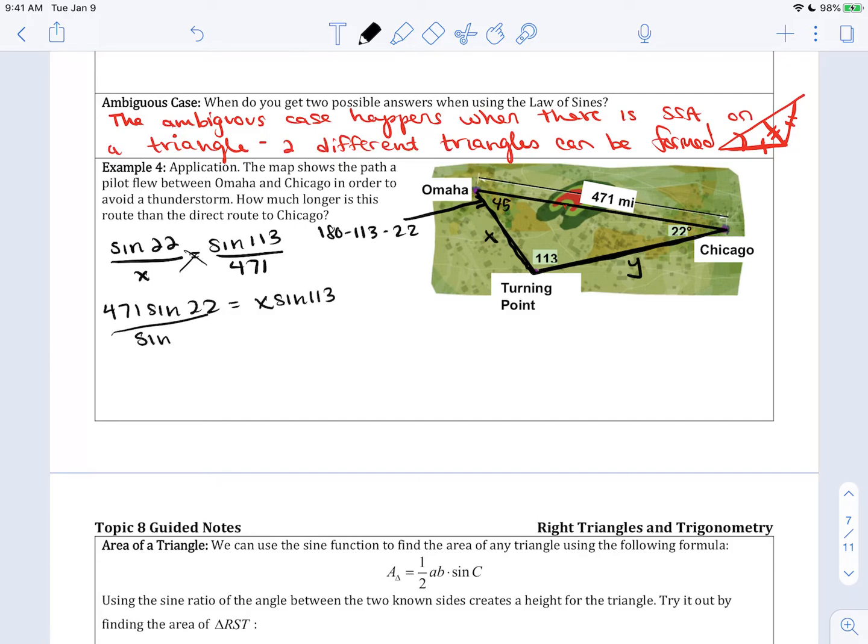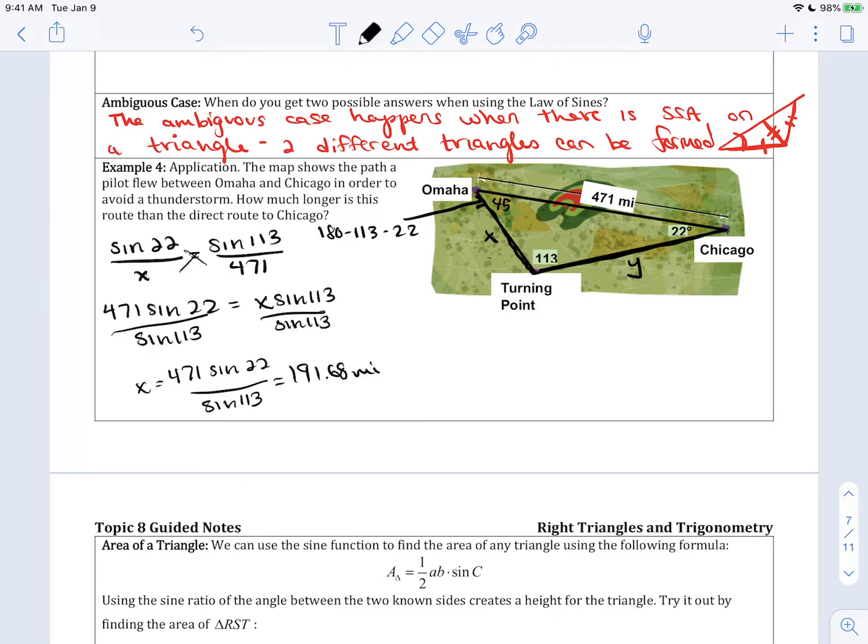Divide by sine 113. And I get x equals 471 sine 22 over sine 113. I'm going to plug all that in my calculator, and when I do, I get 191.68 miles, right? So that's this distance right here for x.